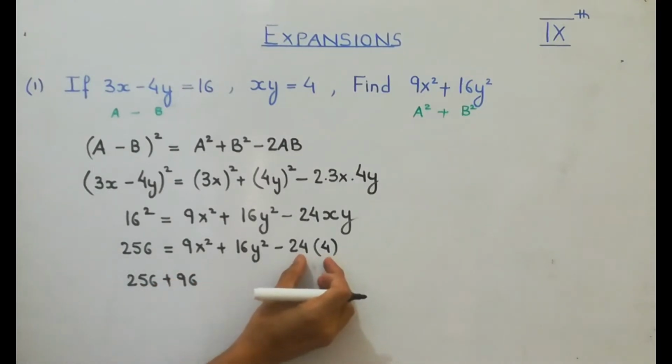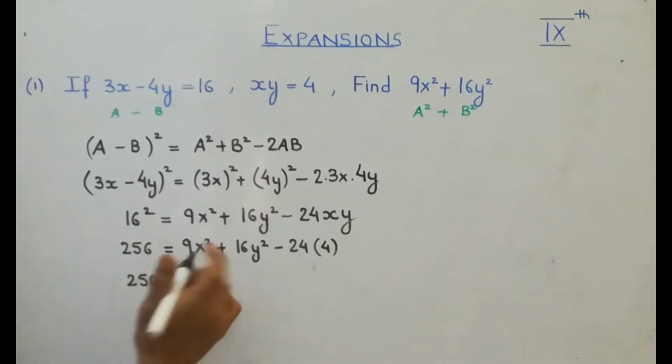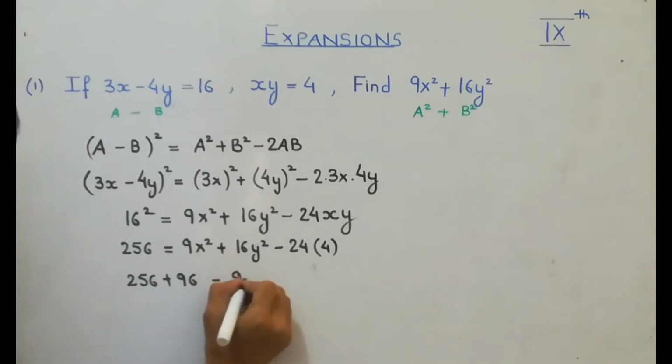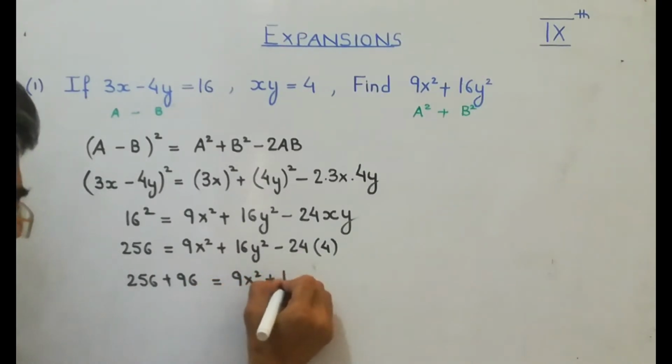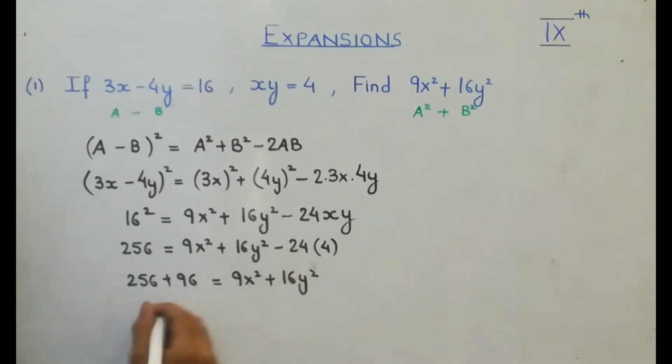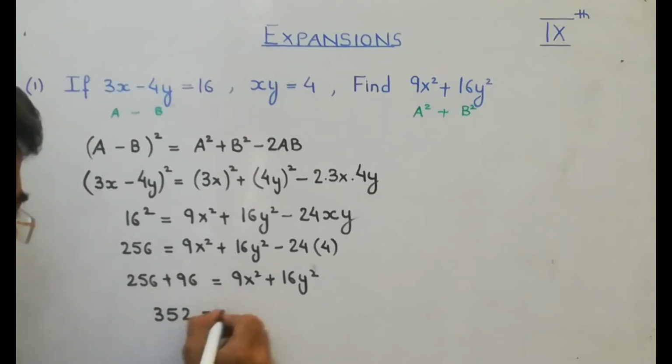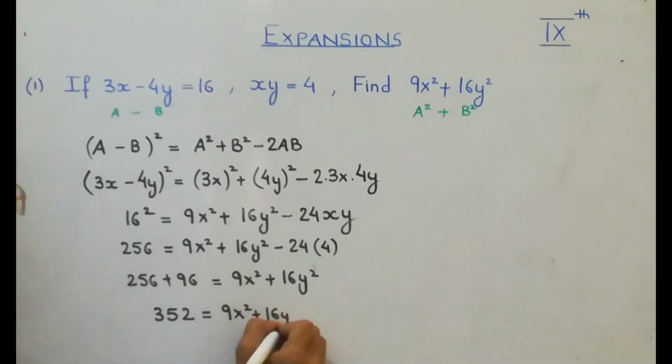And this will become minus 96. So transferring it to this side, plus 96. So this will be the result, 352. So is it clear to you?